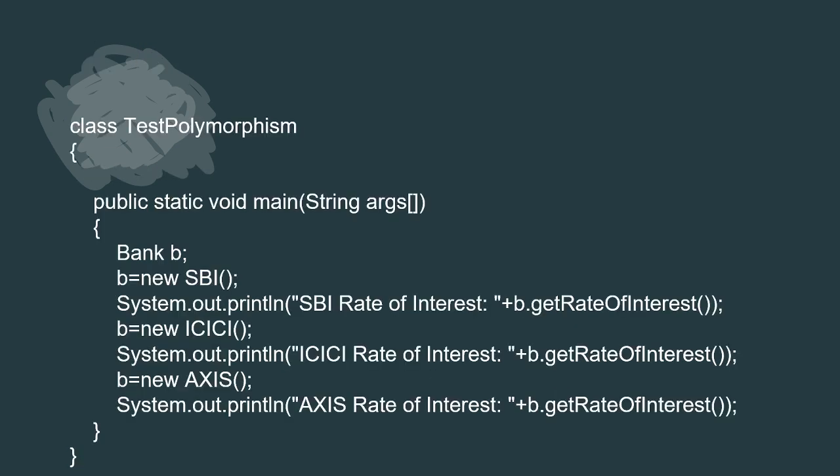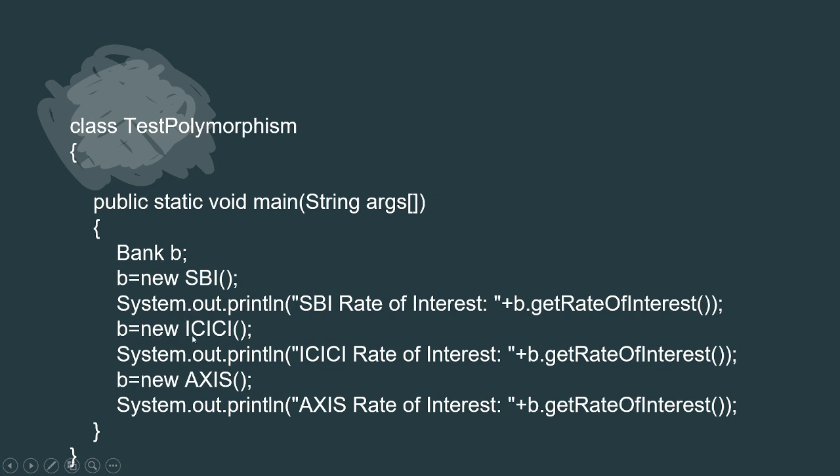Now, the main method. I am going to write class TestPolymorphism, and public static void main(String[] args). This is the main method, and we have to call the class by object, so Bank b = new SBI. Here we assign the interest of SBI by writing new SBI, System.out.println of the SBI rate of interest, and we will get the result of SBI.